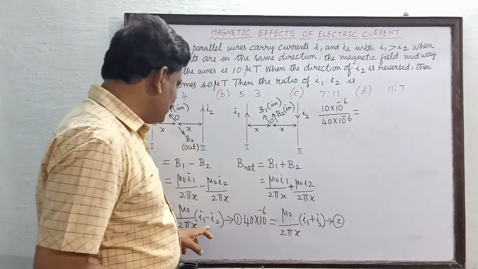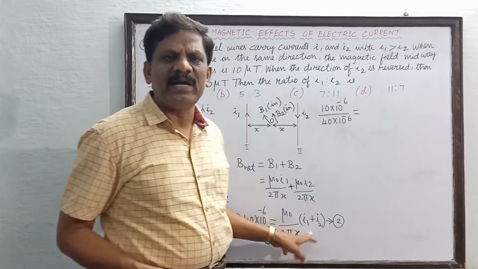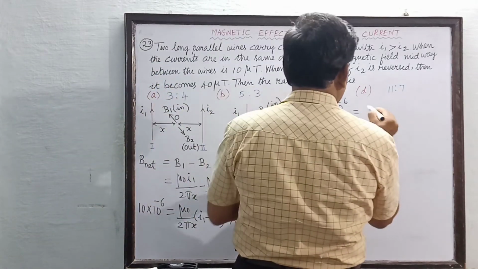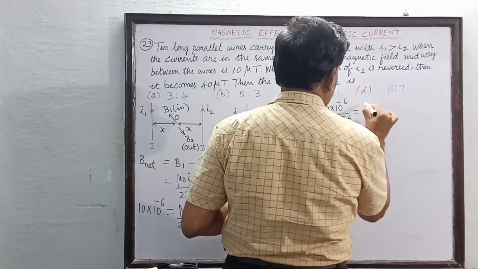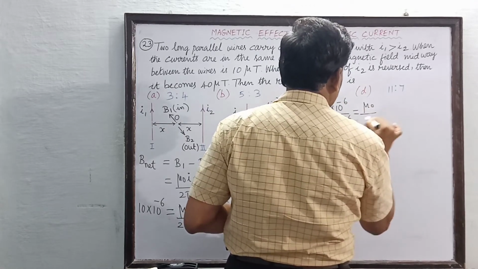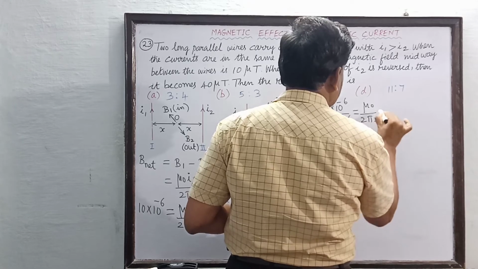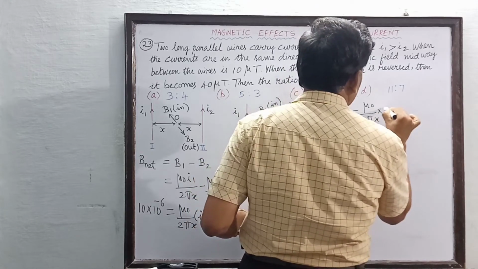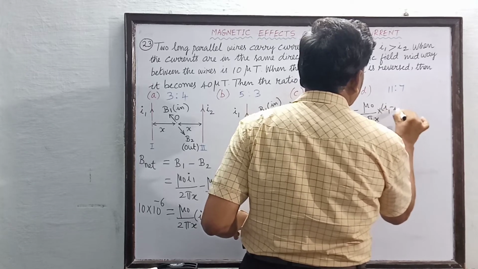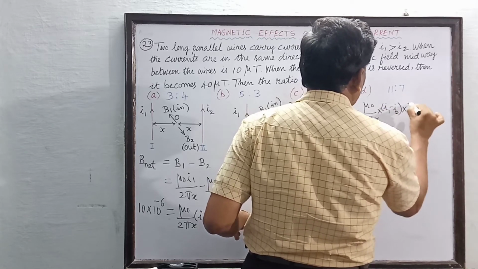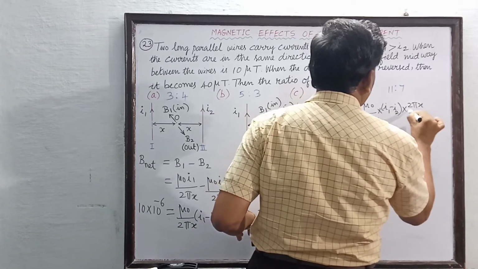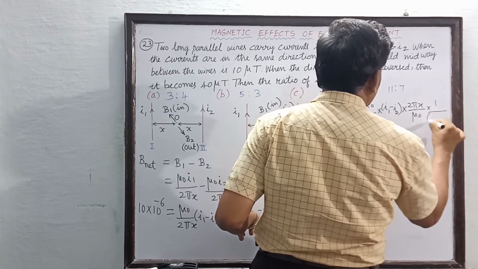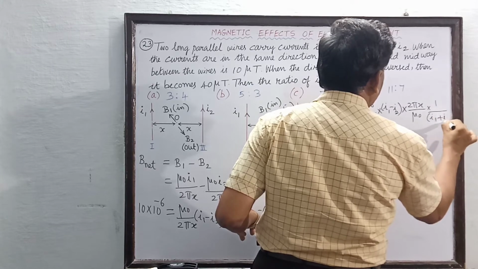I need not write once again. Directly I will write this as I1 minus I2 divided by I1 plus I2. I hope you will understand, is it not? Otherwise I have to cancel, that's all. If you want, I can write that. So this will become mu naught divided by 2 pi x into I1 minus I2, into 2 pi x divided by mu naught into 1 divided by I1 plus I2.